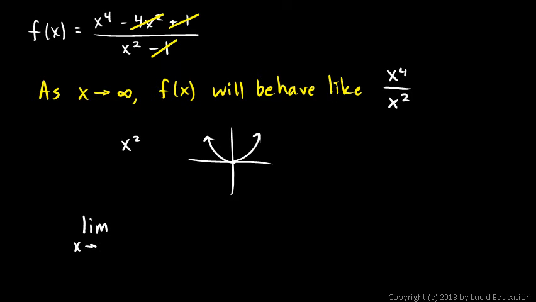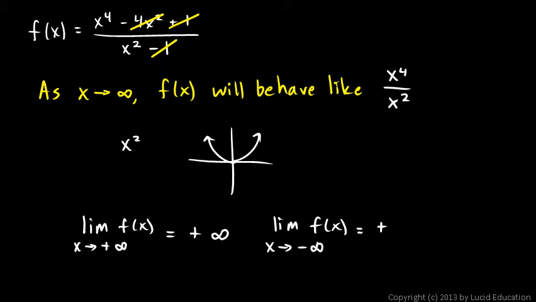The limit as x approaches positive infinity of f of x is positive infinity in this case, and the limit as x approaches negative infinity of f of x is also, in this case, positive infinity. And you can get that just by looking at the lead terms, because the lower power terms become insignificant.